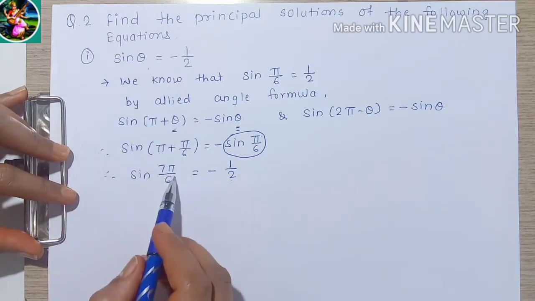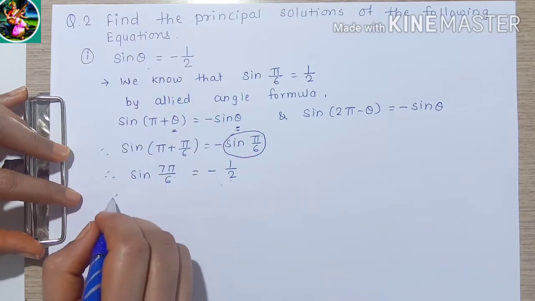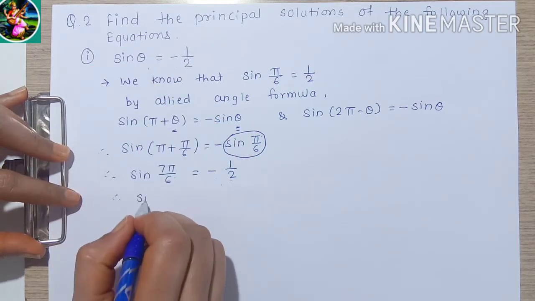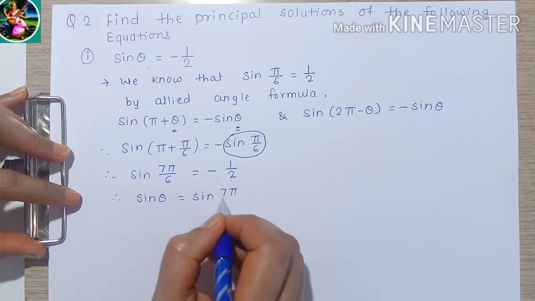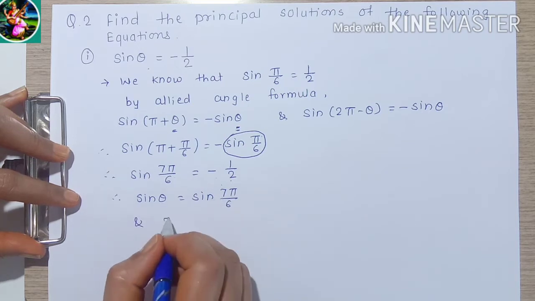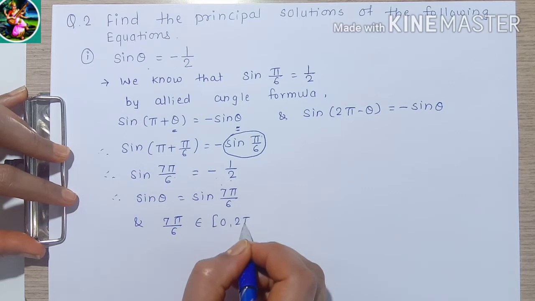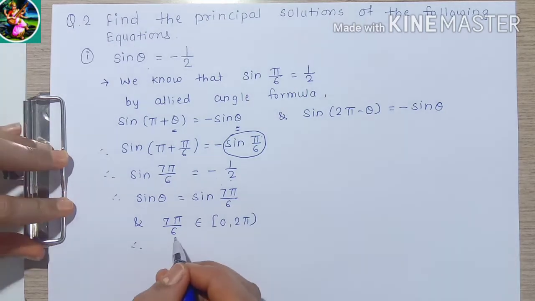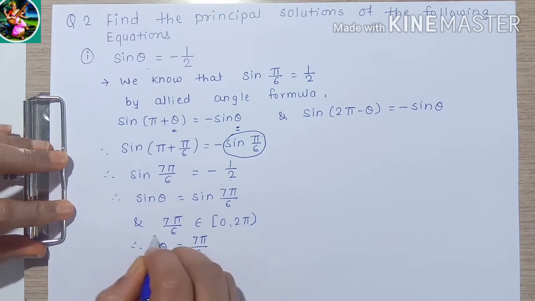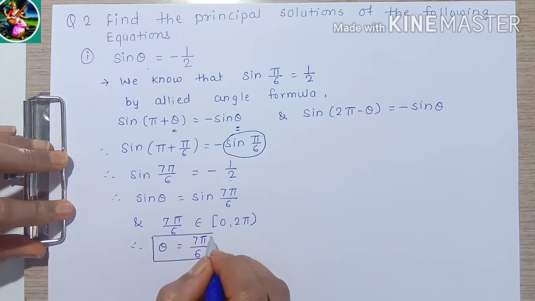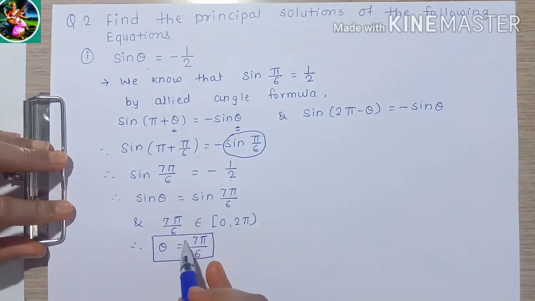Both the equations have their right hand sides equal. Therefore, we write the equality of their left hand sides, that is sin theta is equal to sin of 7 pi by 6, and that 7 pi by 6 lies between 0 to 2 pi. Therefore, theta is equal to 7 pi by 6 is one of the principal solutions of given trigonometric equation.